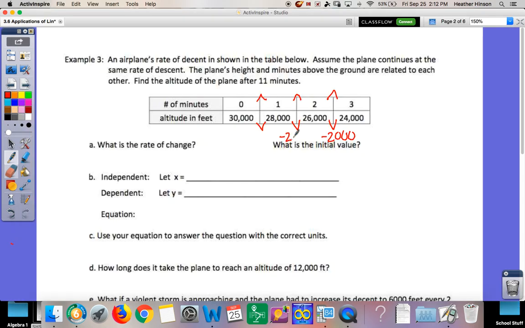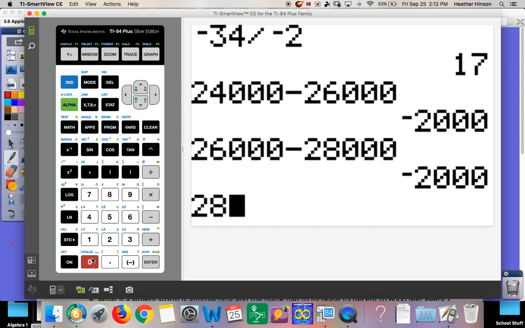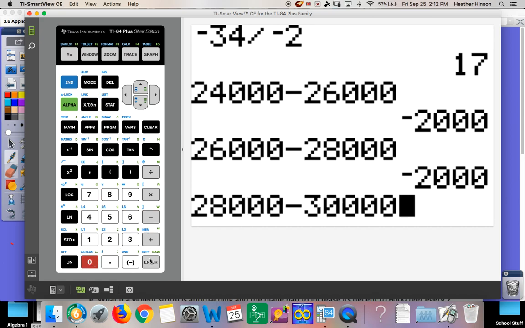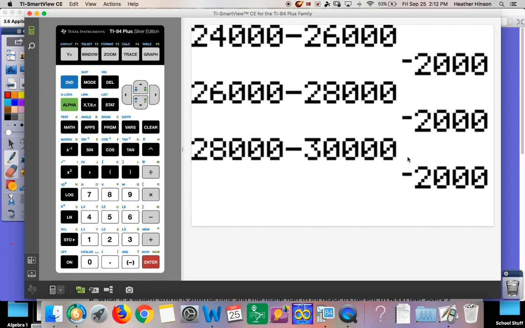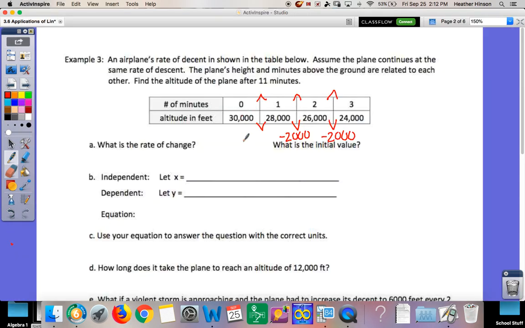And we should get the same number all the way up. 28,000 minus 30,000, negative 2,000. It's good to check it just to make sure, because sometimes we mess up when we're subtracting. We might put it in a calculator wrong, or we might miss one of those zeros right there. So it's always good to double check.